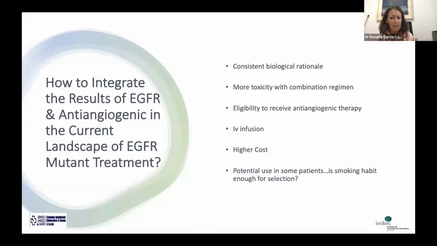But again, looking at the results we have seen in this recent trial and also in the trial we developed here in Spain with the ETOP group, it seems there is some kind of signal in those patients who smoke and have an EGFR mutation. So maybe this needs further investigation.